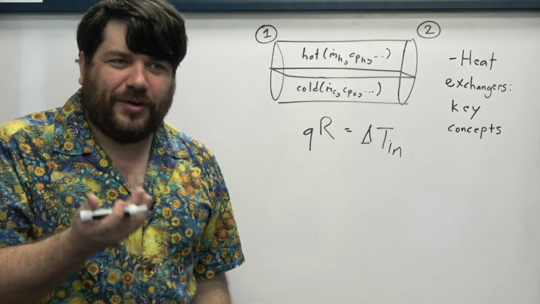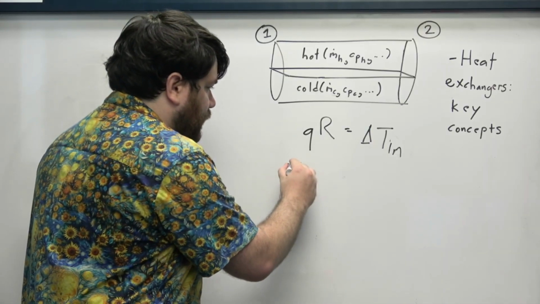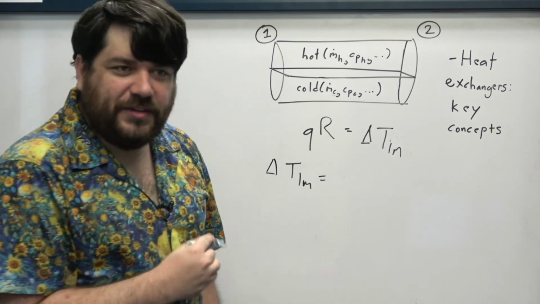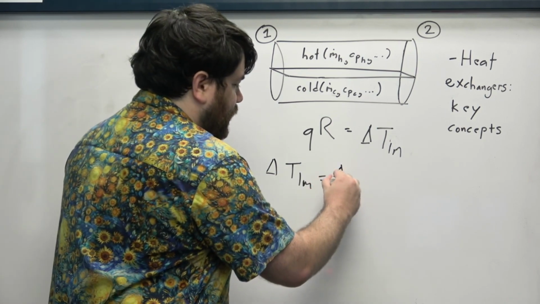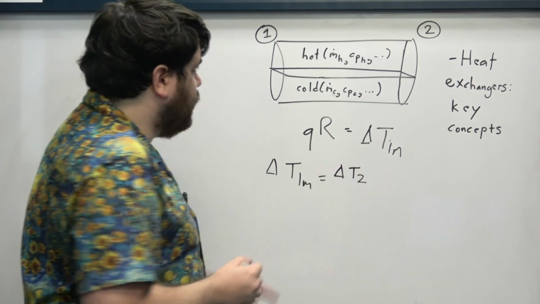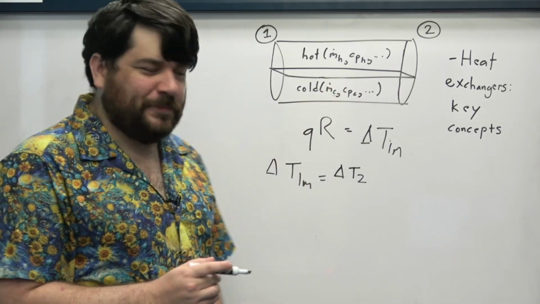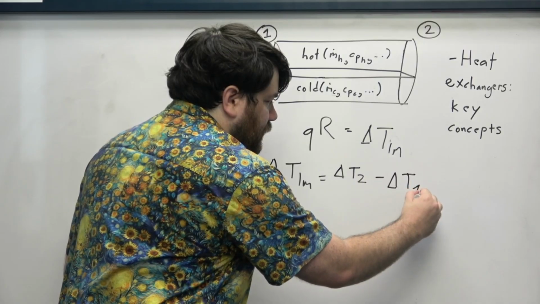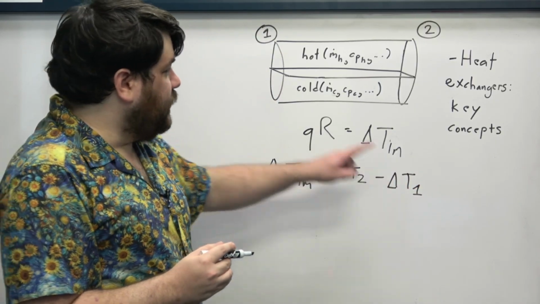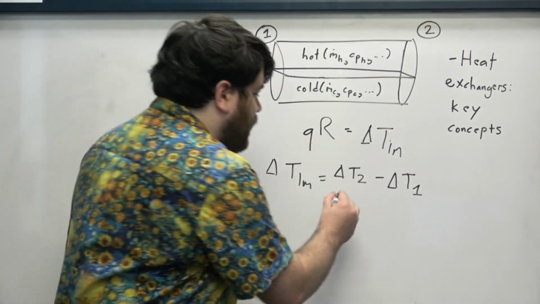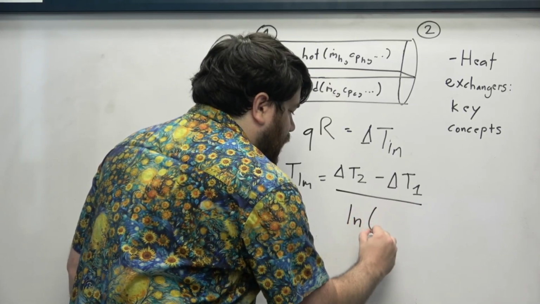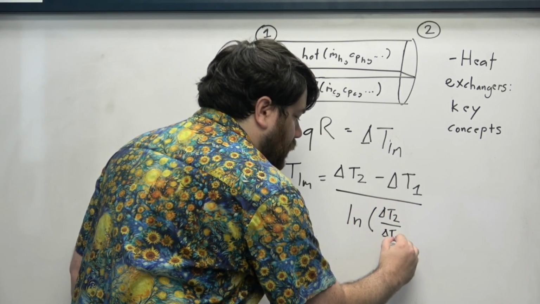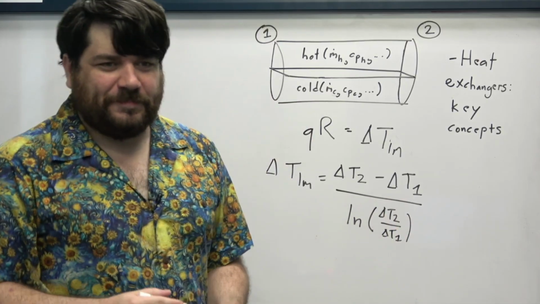And all I have to do here is say that this delta TLM is just the difference in temperatures between the hot liquid and the cold liquid at point 2 minus the difference in temperatures between the hot and the cold liquid at point 1, and then divide by the logarithm of their ratio, just like we did before. Okay?